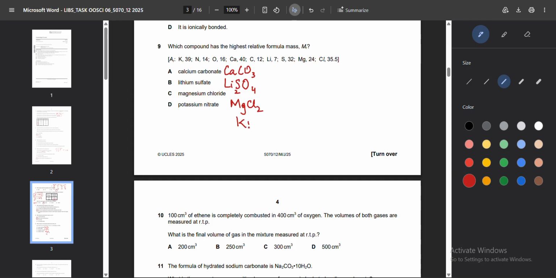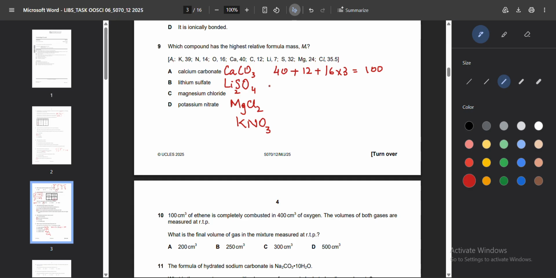Then potassium nitrate. We can calculate their MRs. For example, for calcium carbonate, it is calcium 40 plus carbon 12 plus for oxygen it is 16 multiplied by 3, and when you solve it, your answer would be 100.